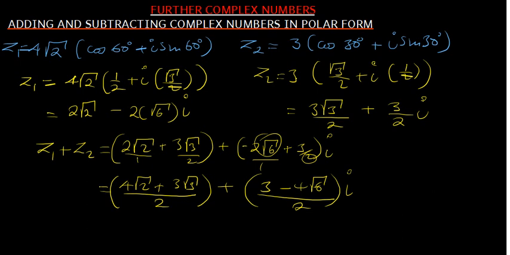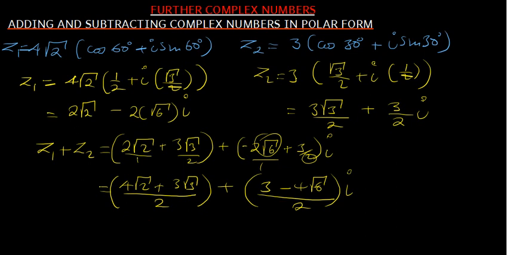Well, if we wanted to leave this in polar form, we need to find the exact value of this and the exact value of this, so that we will be able to take it back to polar form. So if we punch on the calculator, that is 4 root 2 plus 3 root 3, and then divided by 2.